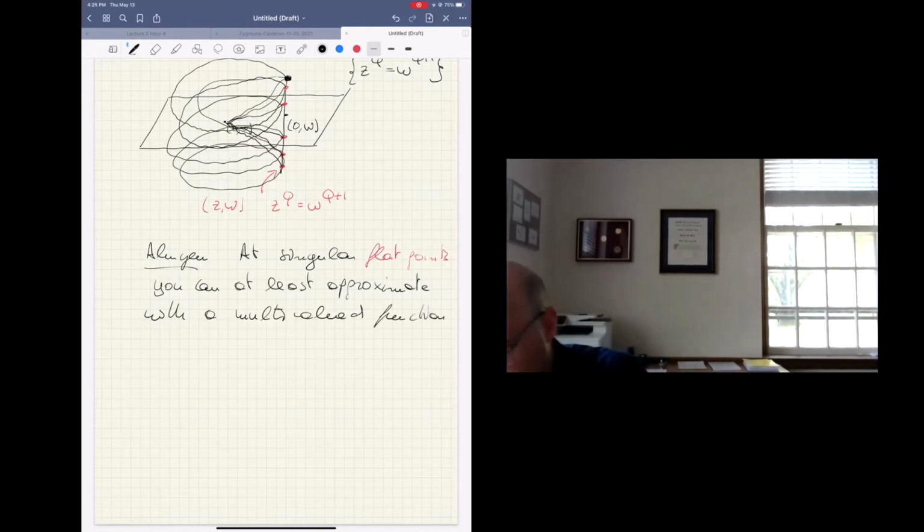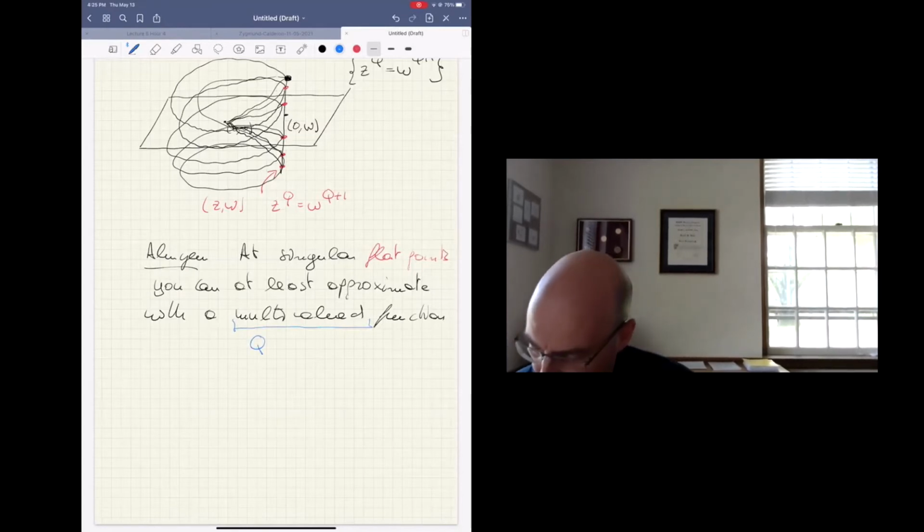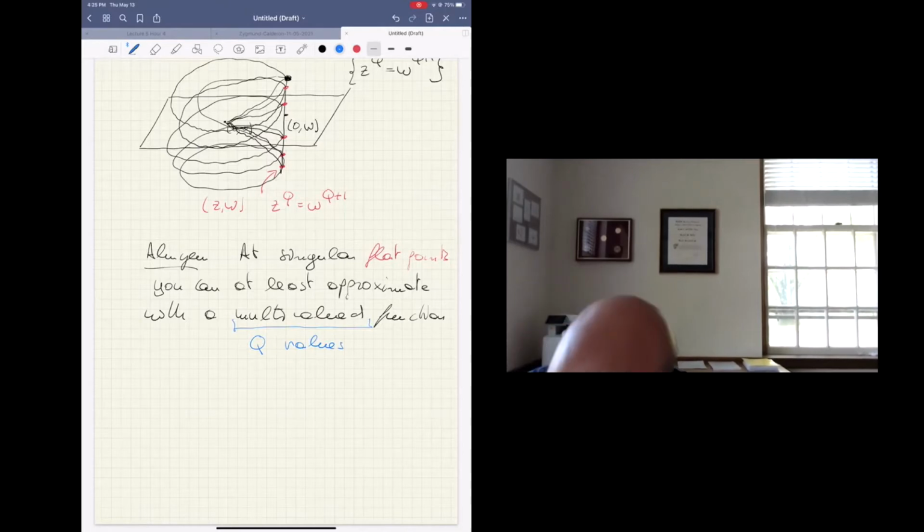In fact, not only can you approximate with a multivalued function, but you can also decide on how many values. So we use this number Q. So here for the Q values, this number Q can be identified as the multiplicity of the plane you're close to.